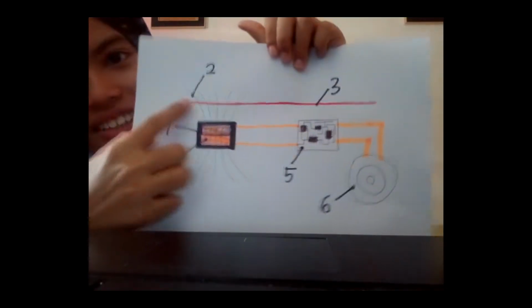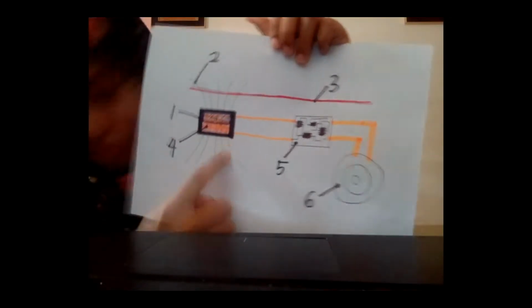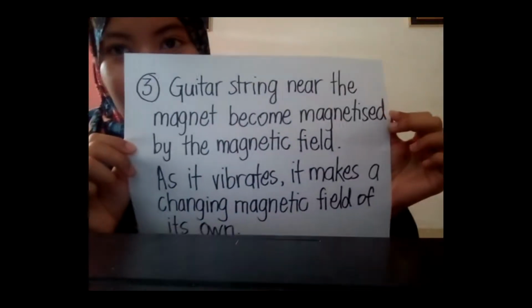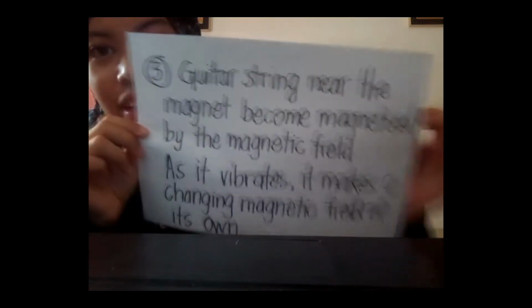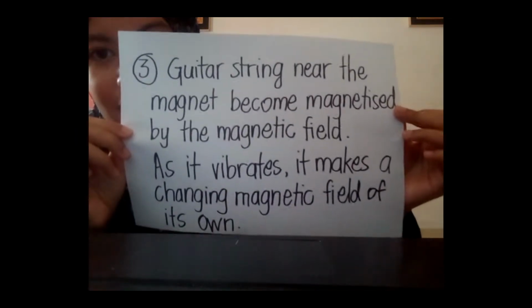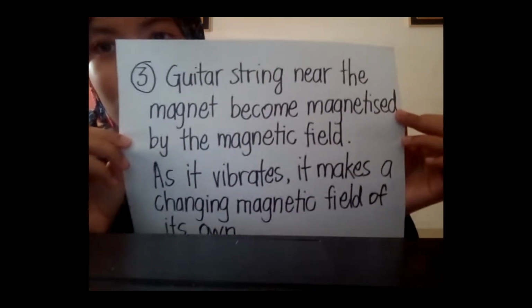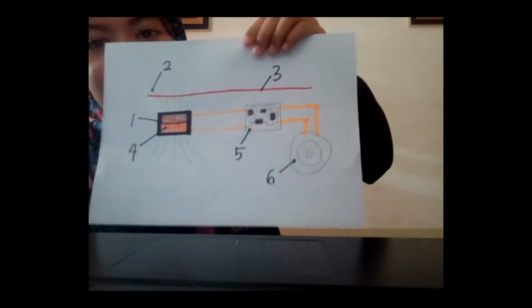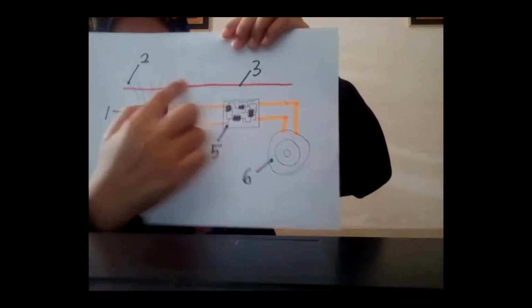The magnetic field is here. Third, the guitar string near the magnet becomes magnetized by the magnetic field. As it vibrates, it makes a changing magnetic field of its own. The red line indicates the guitar string.